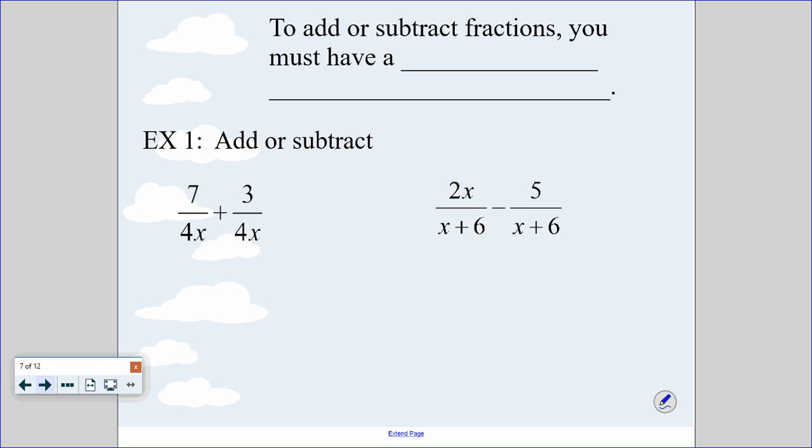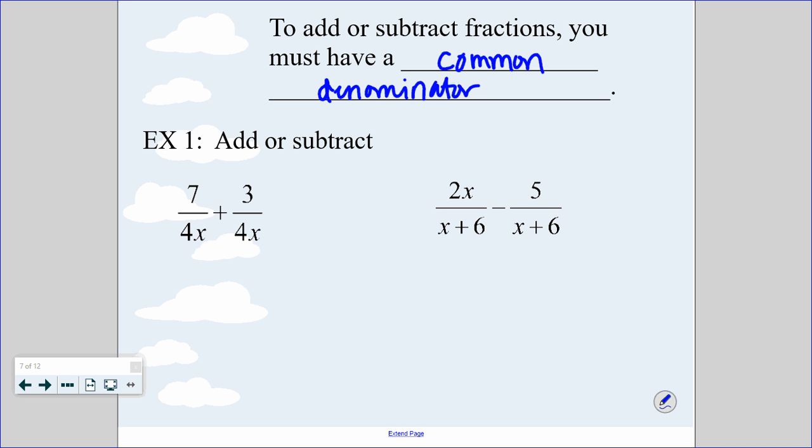Okay, to add or subtract fractions, you have to have a common denominator.